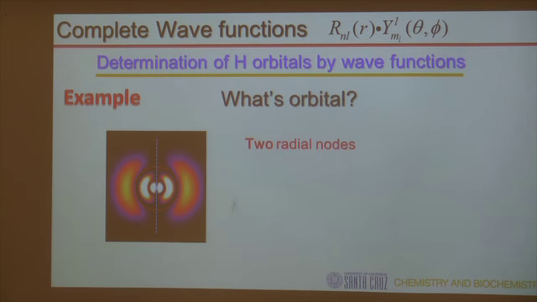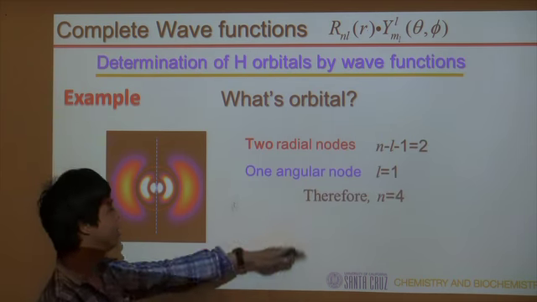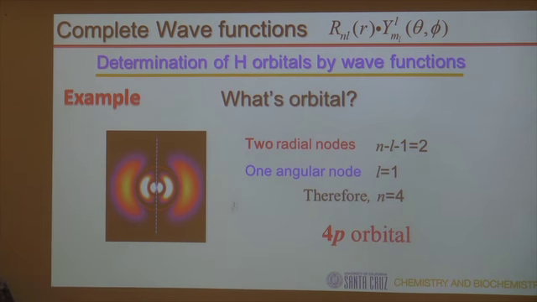Give me the orbital notation: 4p. For n equals 4, so 4 something. L equals 1 is p. This one equals 2, this one equals 1. Therefore, n equals 4 here.